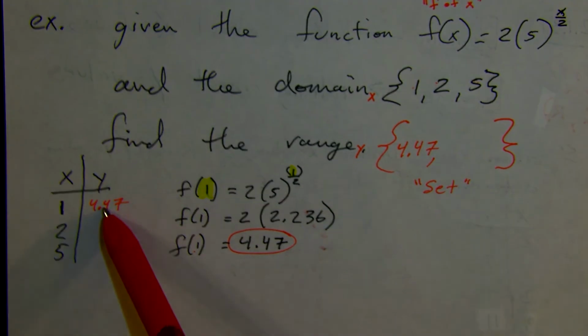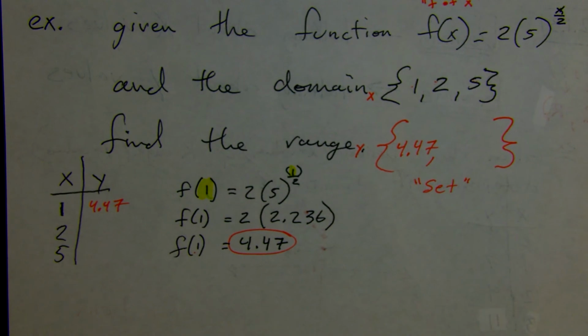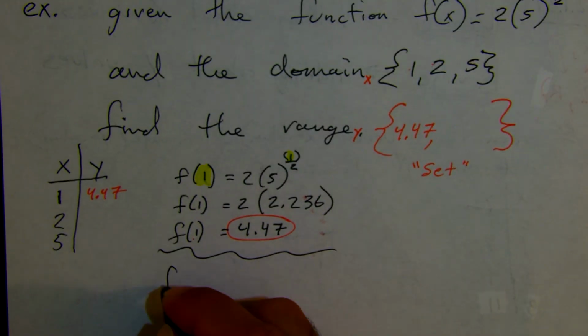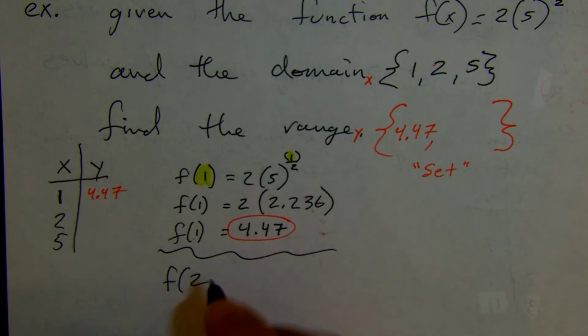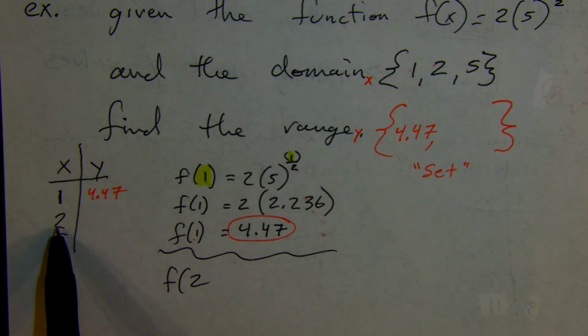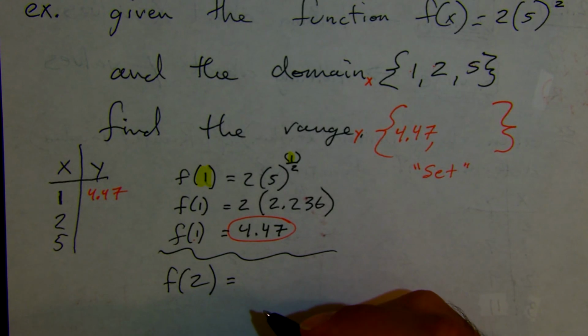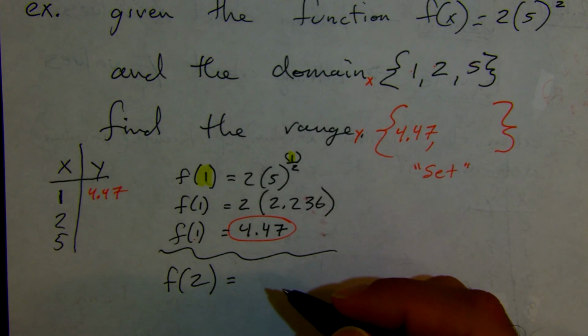Here, this set of values is associated with the domain, which tells us it's our x value. So we're just finding our y value essentially for a table, and then just putting it in our range answer set here. All right, next we're going to go f of 2, because that's my next domain value.